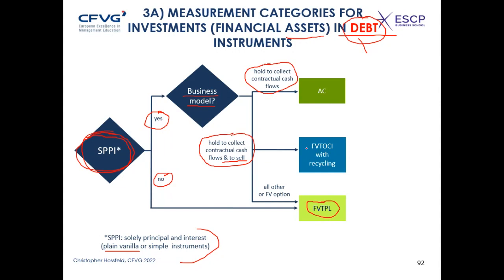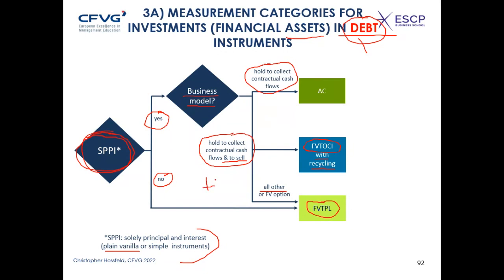In this case, the valuation method is fair value through OCI. And again, I will go more in detail later on how this works, and with recycling. And again, I explain that later. The third type of business model that's possible, it's everything else, and that includes speculation or trading, for example.